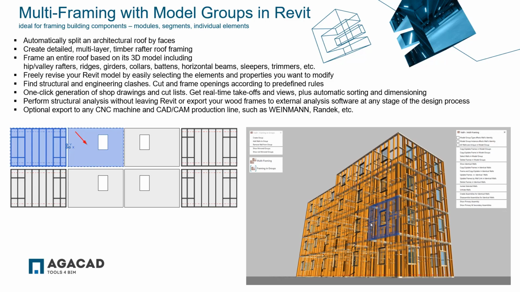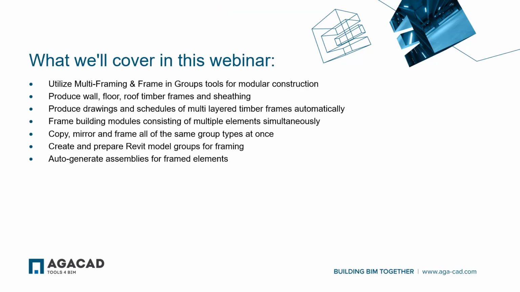Again, like with anything, you can create multi-layered roof, floor and wall assemblies and split elements into smaller segments, if you're using modular construction or prefabricated and off-site construction methodology. Today, particularly, we're going to look at utilizing multi-framing and framing in groups tools for modular construction.